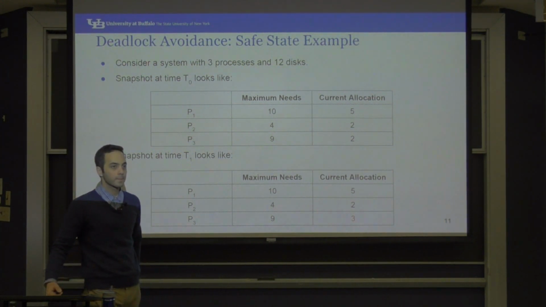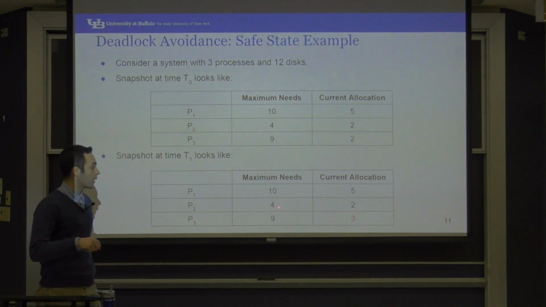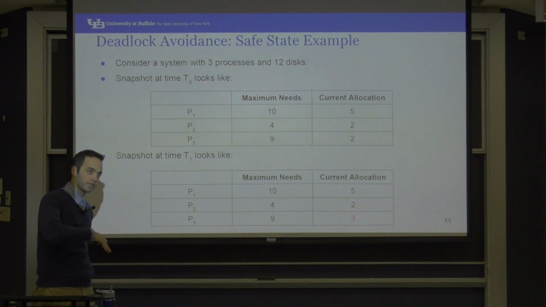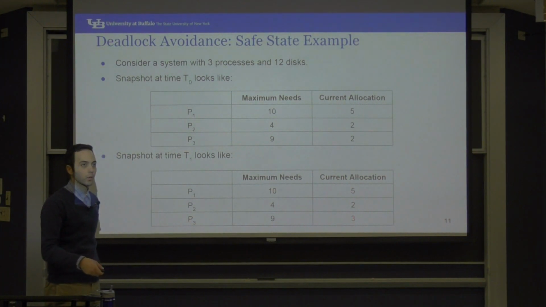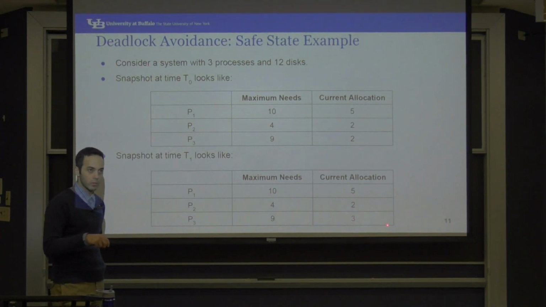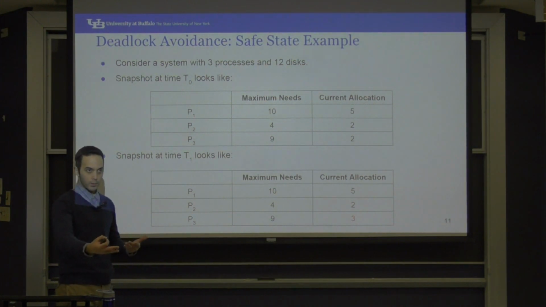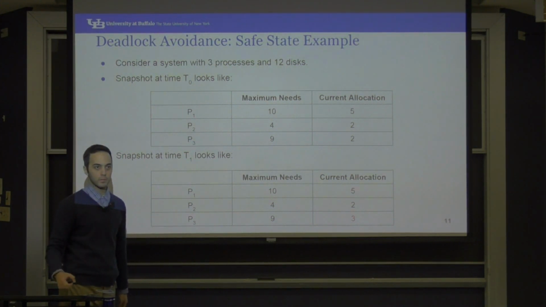When P2 finishes, why doesn't it release all 4? Well, it will release whatever it has held. If it has held 4, then it will release 4. Right now, it is holding 2. If it gets 2 more and then releases 4, then we'll have 4.